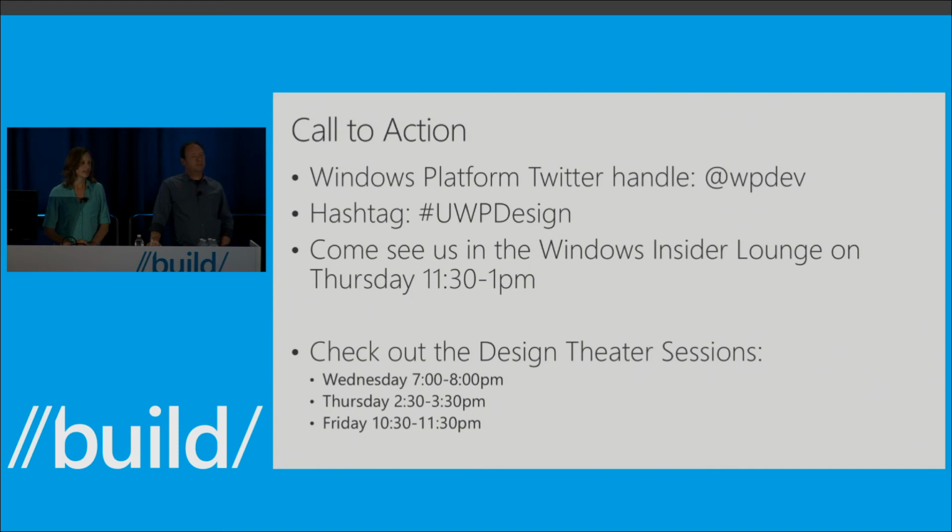Is there a thought process behind what you would recommend? Yeah, it sounds like there's a whole bunch of questions about that, and what we'll do is head to the Windows Insider Lounge tomorrow. We'll make sure between now and then that we get a good answer for that. Definitely hearing folks, it sounds like a concern.